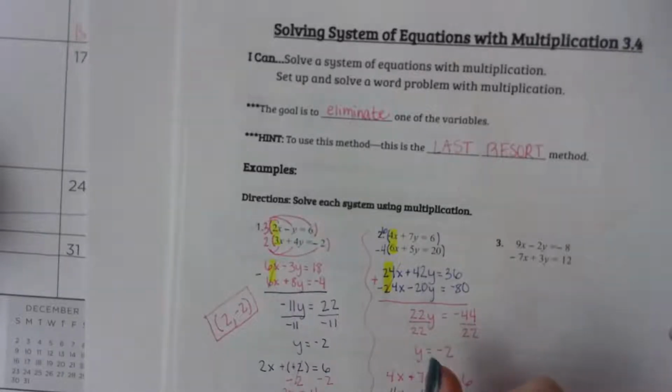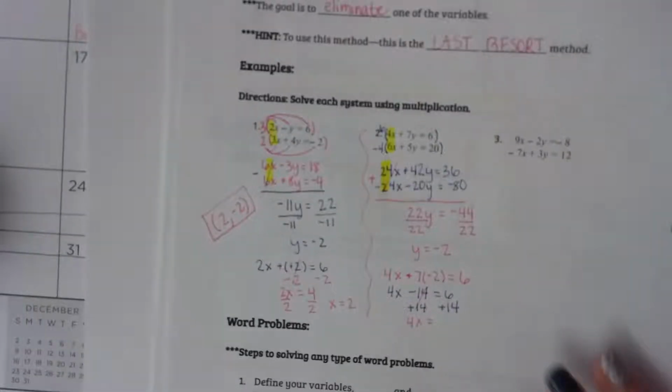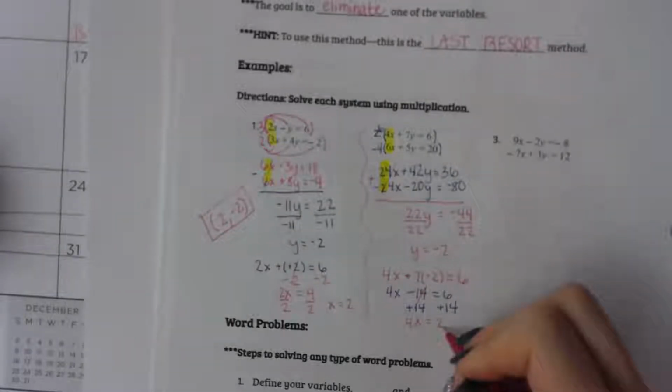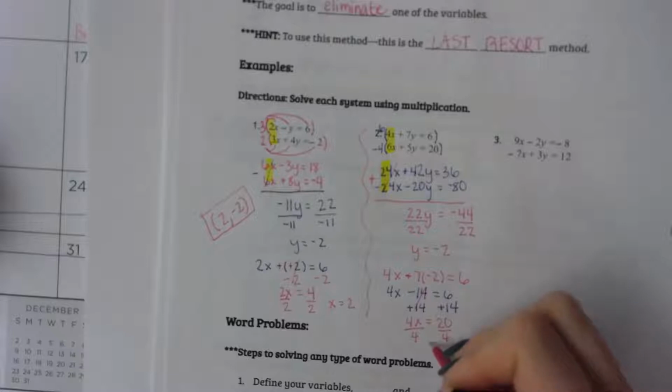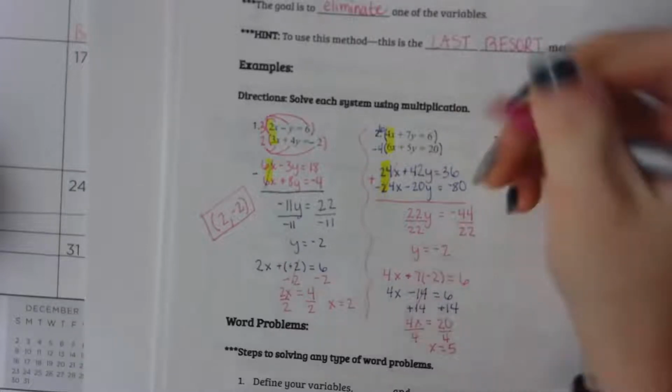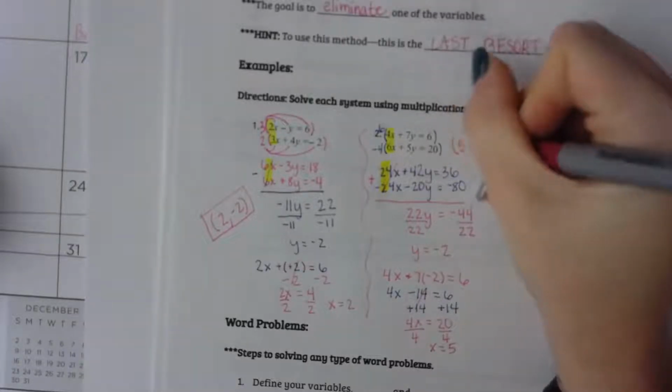Then I'm going to add that 14 to both sides. And then divide by 4. So x equals 5. So (5, negative 2).